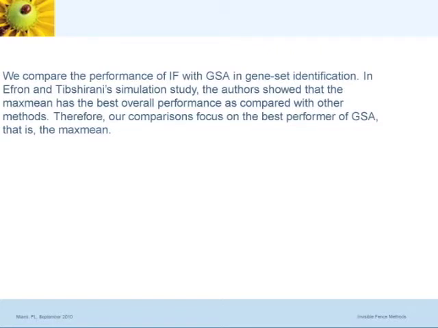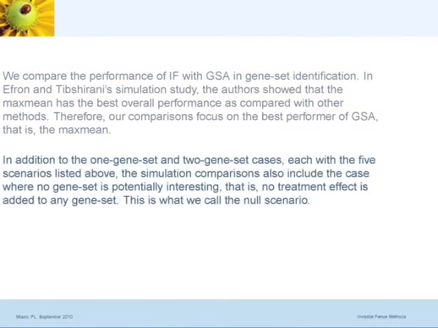So our comparison focused on the best performer of GSA, that is the max mean. In addition to the 1 gene set and 2 gene set cases, each with 5 scenarios listed above, the simulation comparison also includes a case where there's no gene set that is potentially of interest. So we consider 3 cases: no gene sets, 1 gene set, and 2 gene sets.